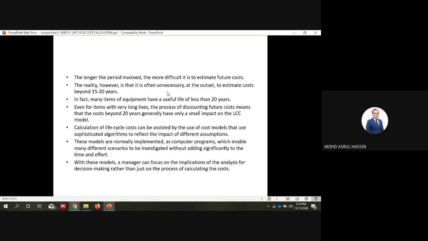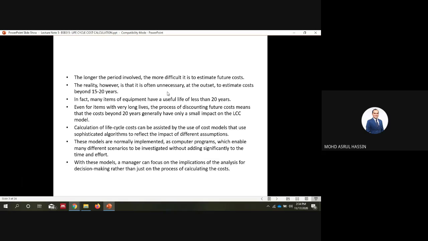Calculation of life cycle cost can be assisted by the use of cost models that use sophisticated algorithms to reflect the impact of different assumptions.